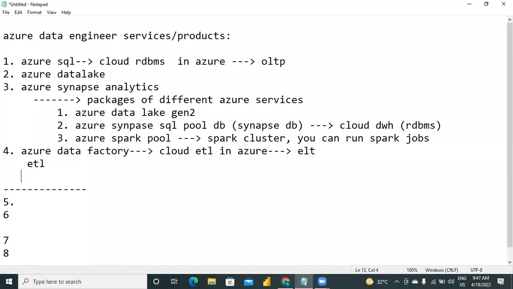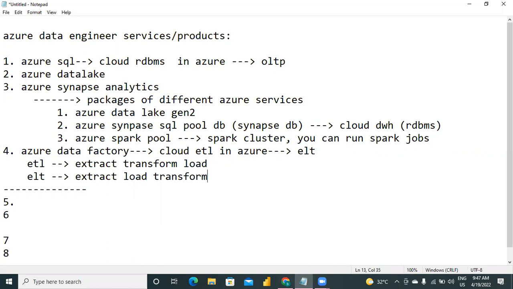Remember, Azure Data Factory supports both operations. ETL full form is extract, transform, and load. ELT is the reverse: first step extract, load, and then transform.